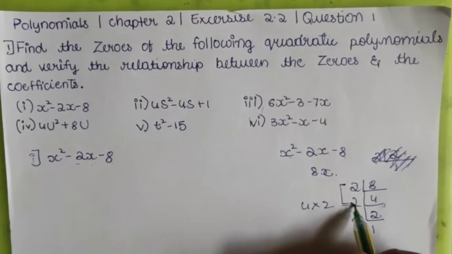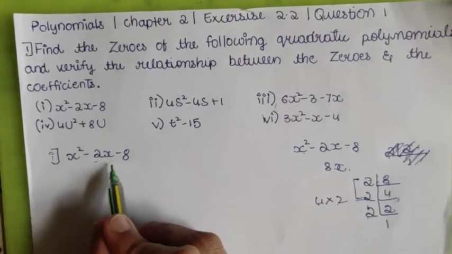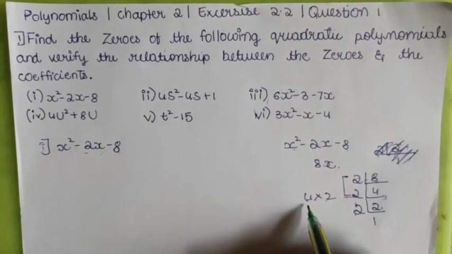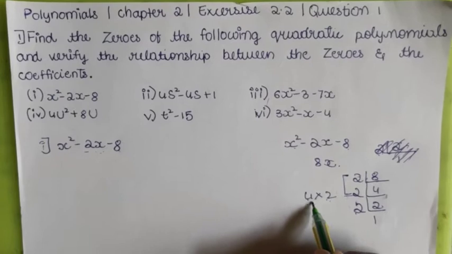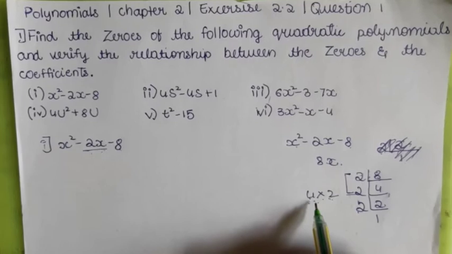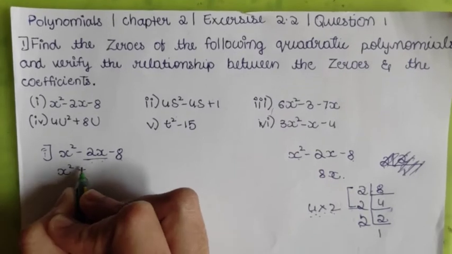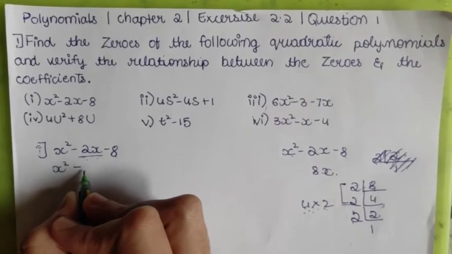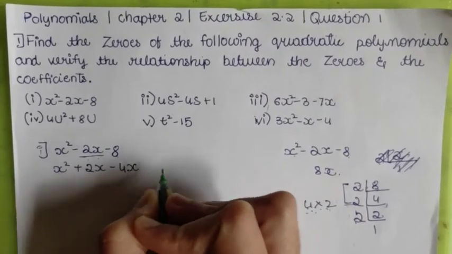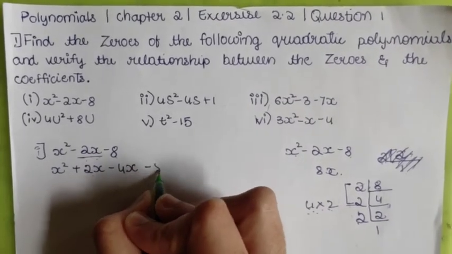When we multiply these numbers we have to get 8, and 4 minus 2 is again 2. So we can do the splitting method like this. Here you can see 2x can be written as plus 4x minus 2x, that is 4 minus 2 is 2x again. The remaining is 8.